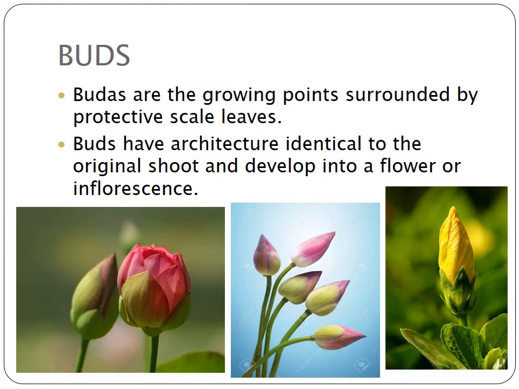Now we see about the bud only. When these buds develop, the internodes elongate and the leaves spread out. Buds have architecture identical to the original shoot and develop into lateral branches, or may terminate by developing into a flower or inflorescence. Look at this picture. These are some plant buds.